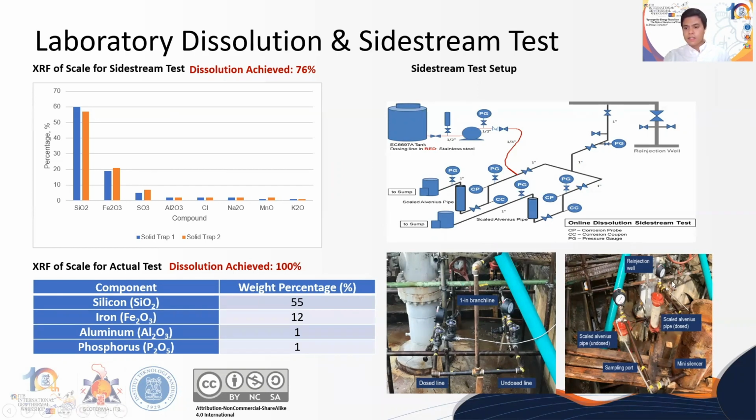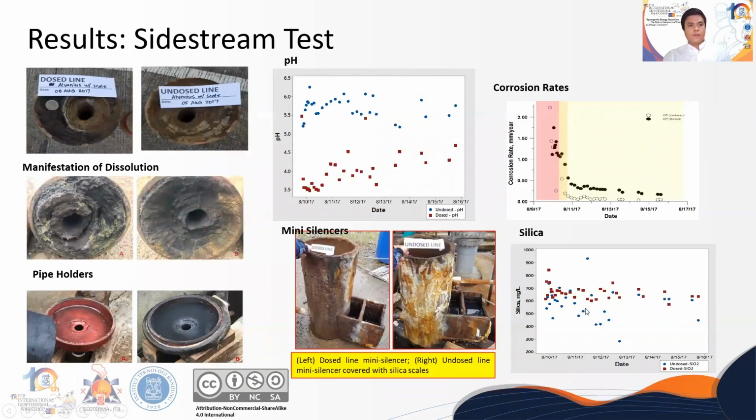So here is the scaled alveolus pipe that I mentioned. Both alveolus pipes are present for the dosed and the undosed lines. The pictures on the left side show the dosed and undosed conditions. The upper photos were during the side stream test, and the second set of photos were after the pull out.